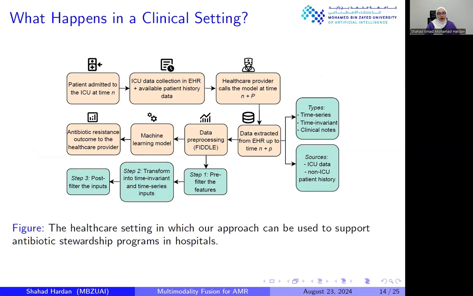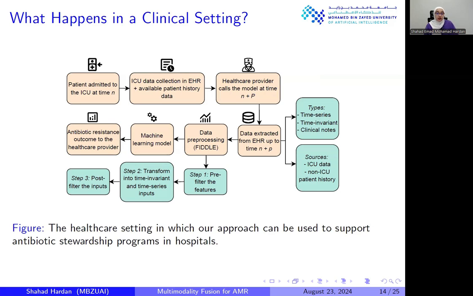So to wrap up what I set up, what happens in a clinical setting? Why are we trying to use such an approach? First, in a clinical setting, a patient gets admitted to the ICU, and then they have their ICU data collection in the EHR database. But the patient also might be in the hospital, or they might also have a health record before this ICU stay, right? So we can take this data from the ICU, and we can also combine it with the available patient history even before the ICU.